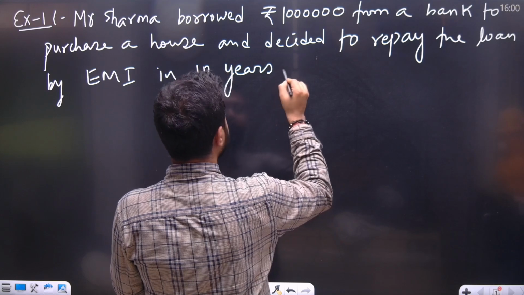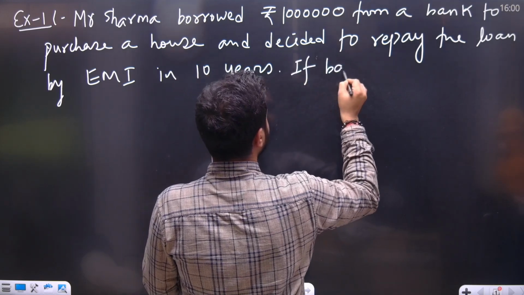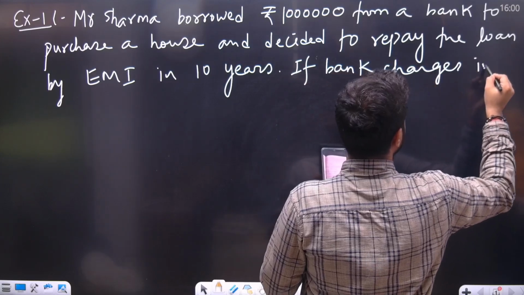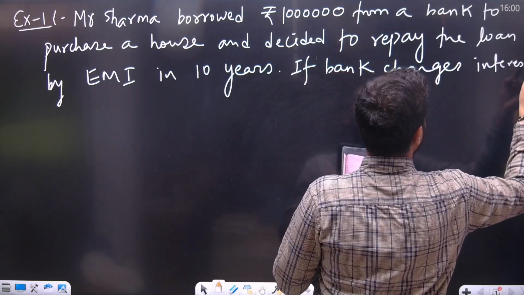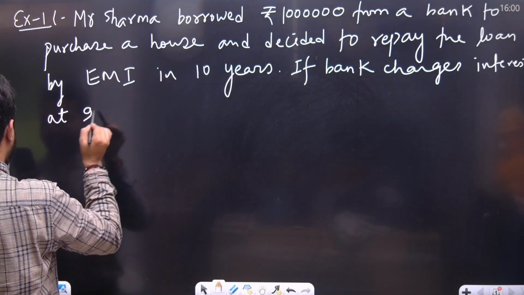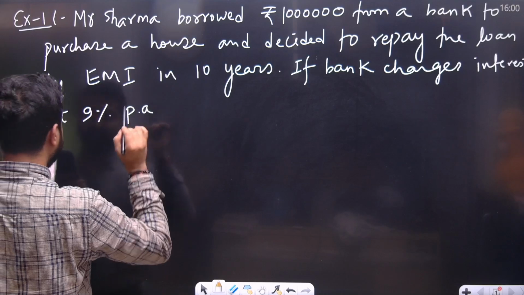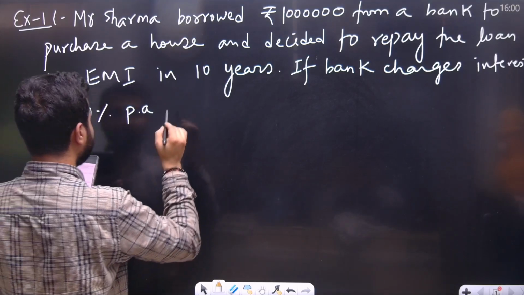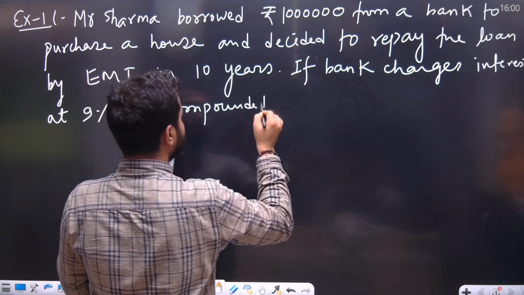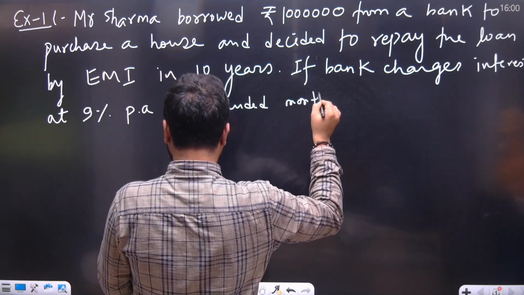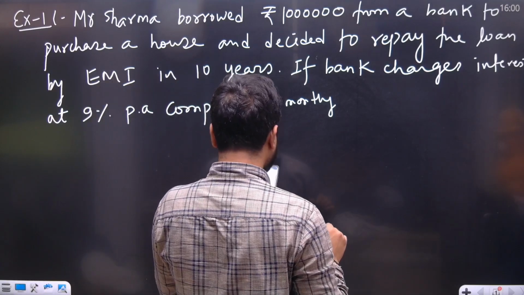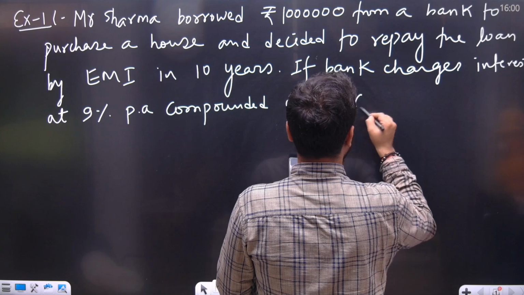If bank charges interest at 9% per annum compounded monthly, then calculate the EMI.